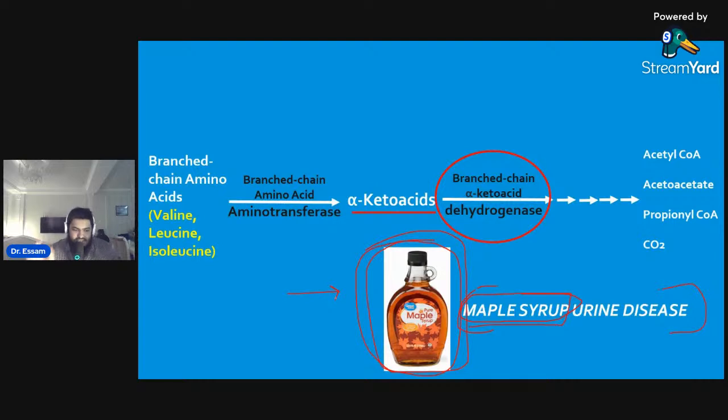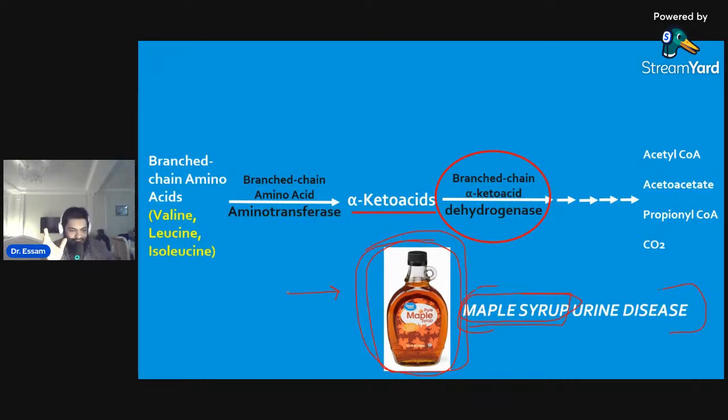Usually, this disease is detected in babies. Somebody is saying that urine will taste like the maple syrup. So who found out that the urine is tasting like the syrup? It's not the taste, it's actually the smell.